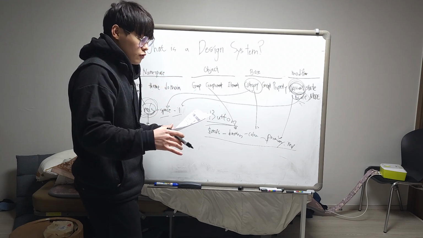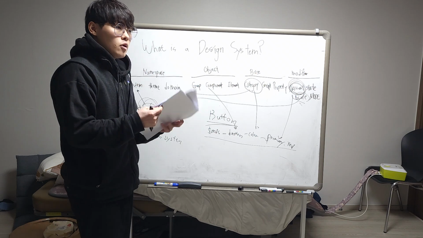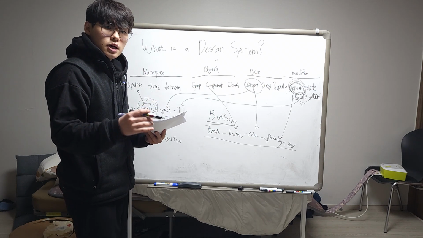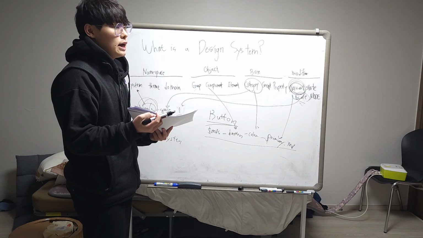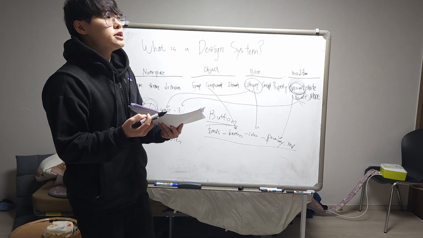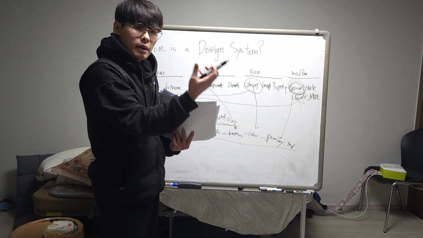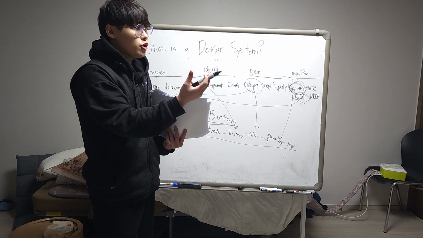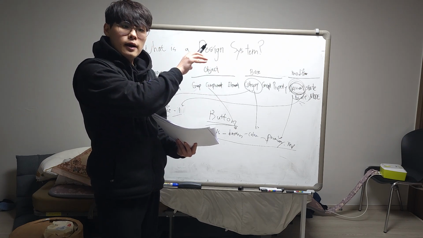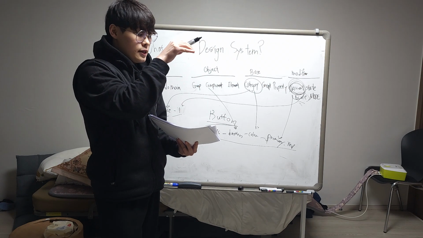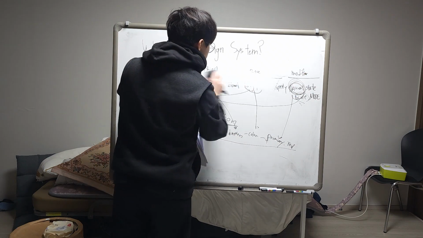Let's go really deep. Basically the purpose of a design system is that it has to be reusable. It means that if you make a design system, it should be used in a web application, your website or web app, or your iOS or Android. It could be used in other dimensions. So I'm going to try to draw it for you.